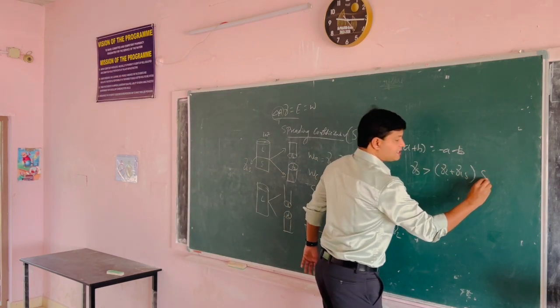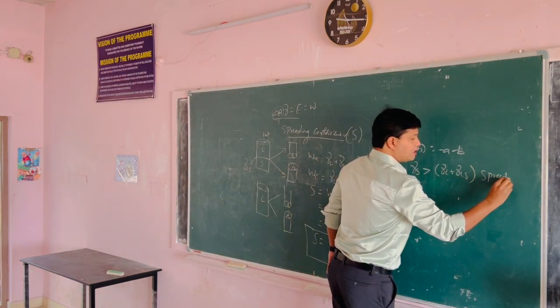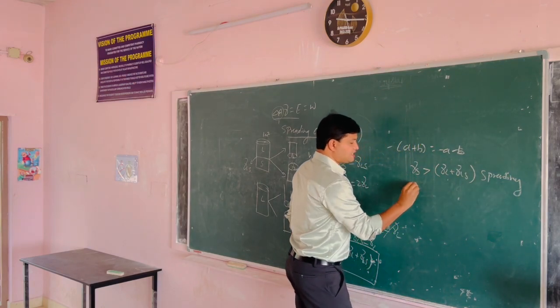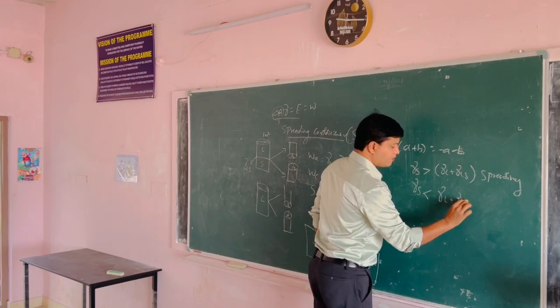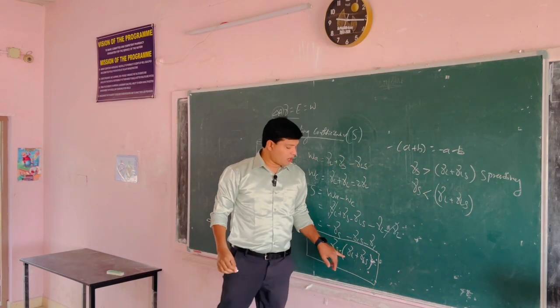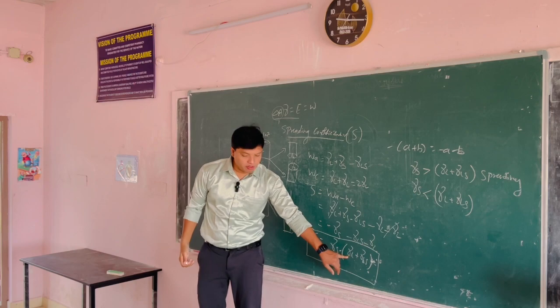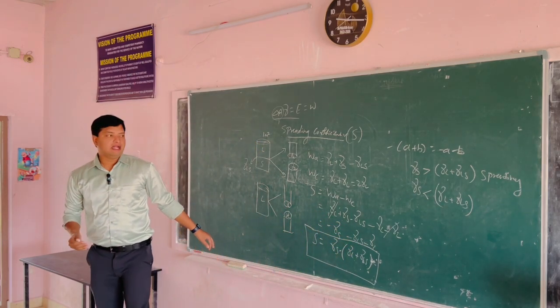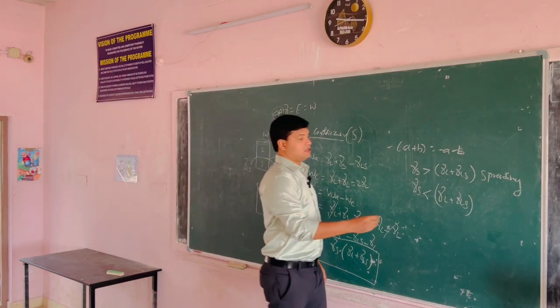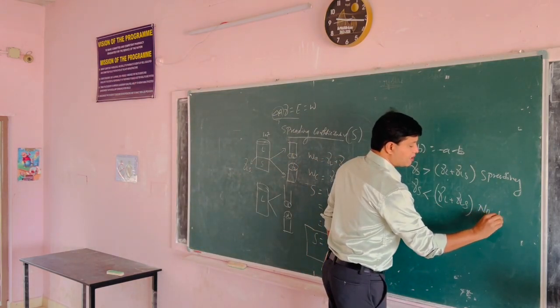So it indicates spreading. If this value is less than this value, what happens? The overall value will become negative, because the negative part will be more. Hence, no spreading.